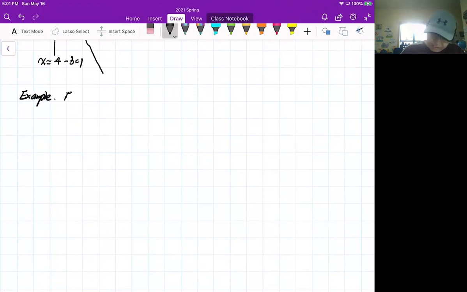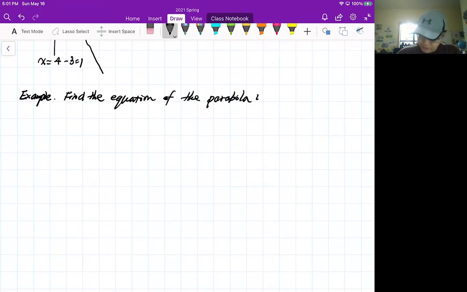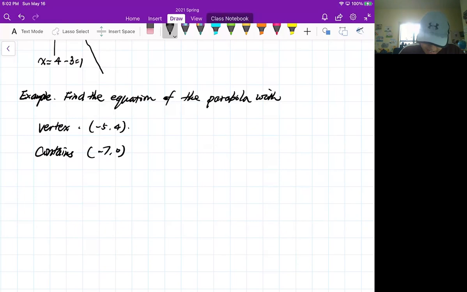I want you to find the equation of the parabola with vertex at (-5, 4), and it contains a point (-7, 0), and it has a horizontal axis of symmetry.